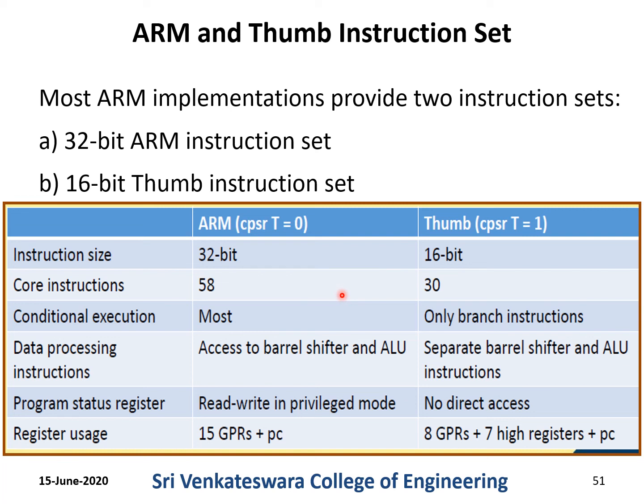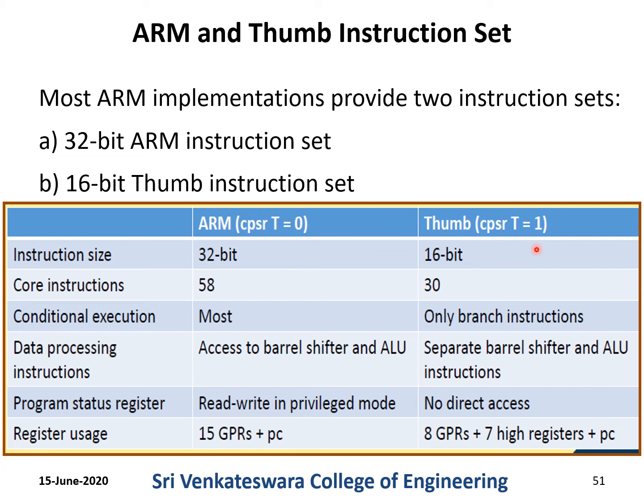Now let us compare the ARM processor in ARM state and thumb state with respect to these parameters: instruction size, core instructions, conditional execution, data processing instructions, program status register and register usage. We know that in ARM state, 32-bit instructions are used by the processor.